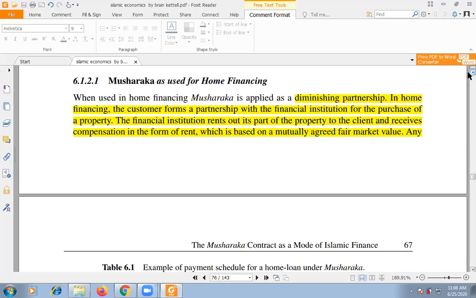The financial institution rents out its part of the property to the client.